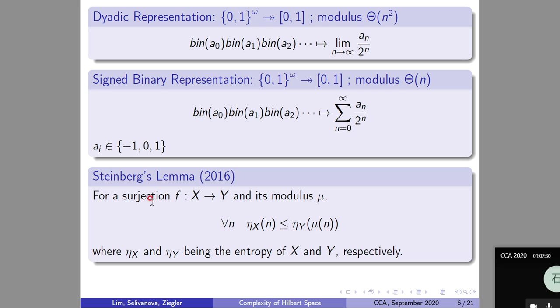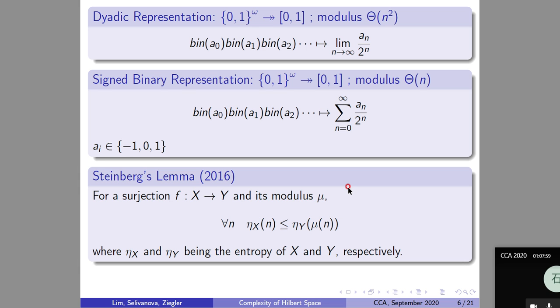It applies to two metric spaces and a surjective function, and we are interested in the modulus of this function f. For this surjection, with its modulus and the etas being the entropies, we have this inequality, and this establishes a lower bound on the modulus of continuity.